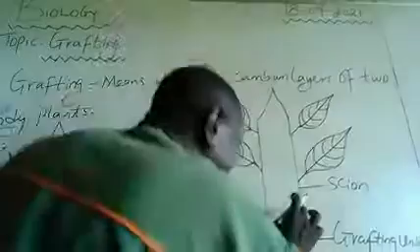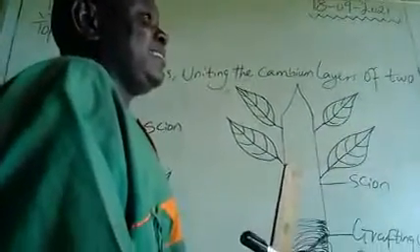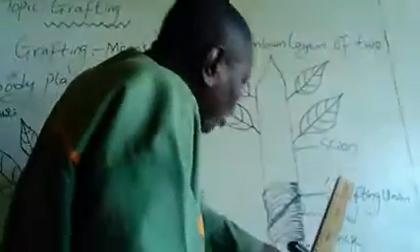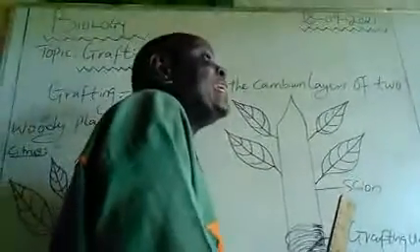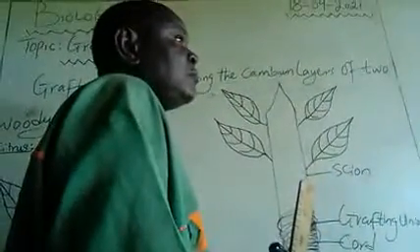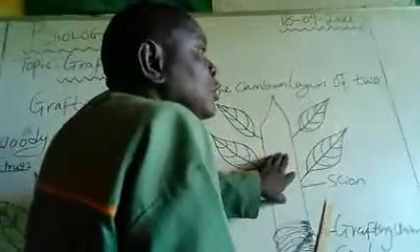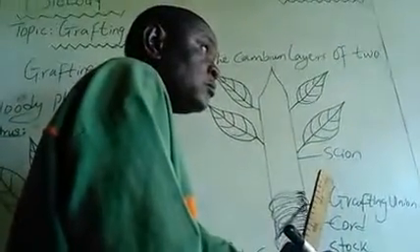When the cambium layers of the scion and the stalk are united, are in intimate contact, the tissues will grow together. The xylems of the scion and the xylems of the stalk will grow together.